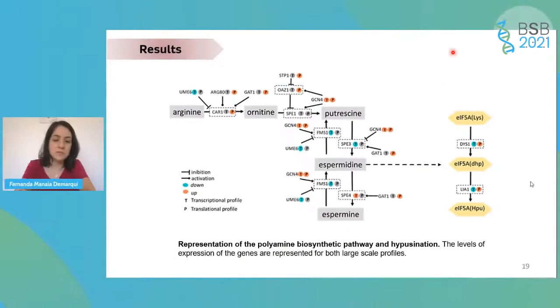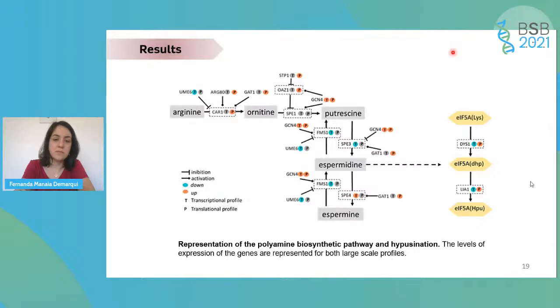When it comes to the polyamine pathway, most of the genes and their respective transcription factors have changed transcriptional and translational levels in the GIS11 mutant. These results suggest that the GIS11 mutant generates an imbalance of polyamine levels. Those polyamines are essential for many basic cellular functions.